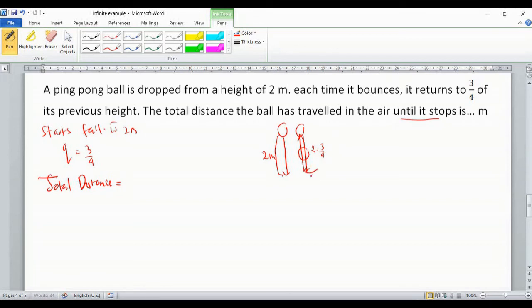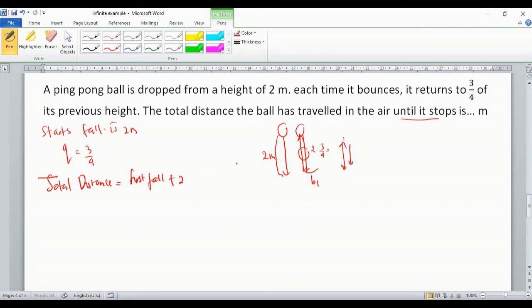So this one is called b1. How about b2? You can finish this one, and then the ball goes and bounces again.